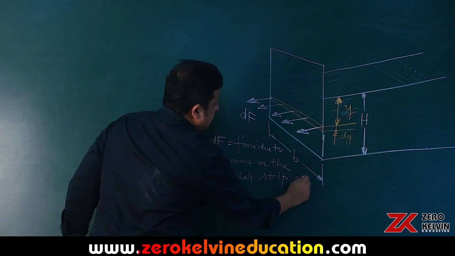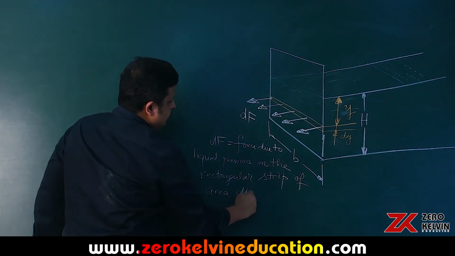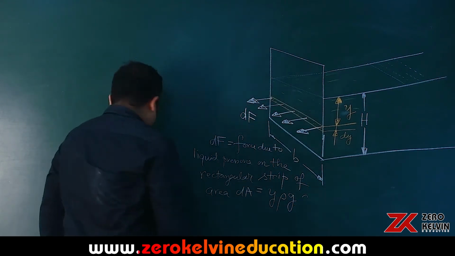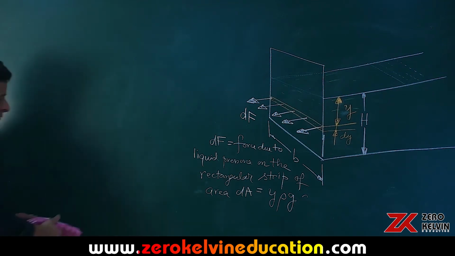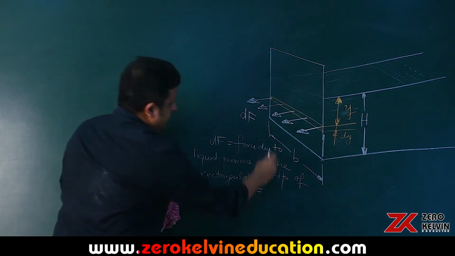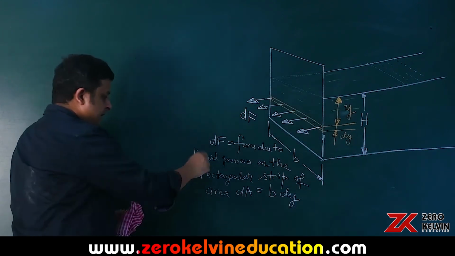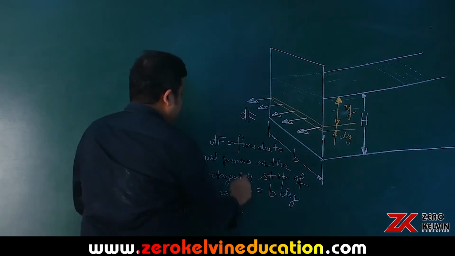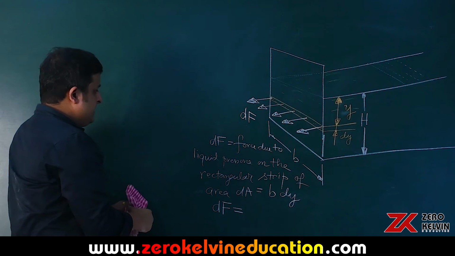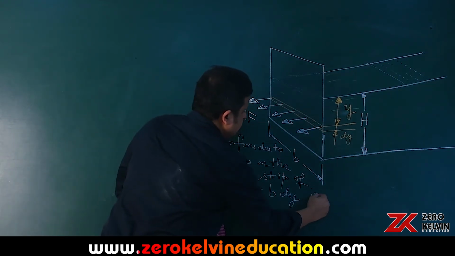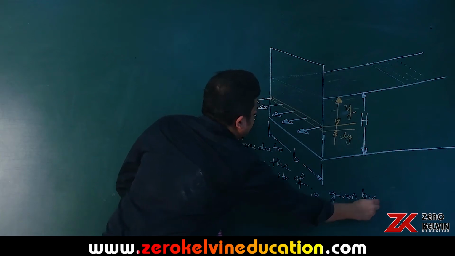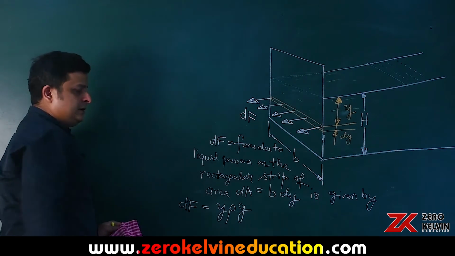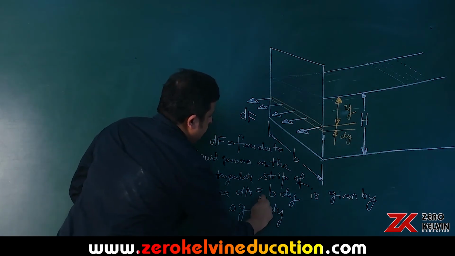So dA will be simply B multiplied by dy, and in the next step the force dF due to liquid pressure on the area dA is given by dF equal to pressure Y rho g times B dy.